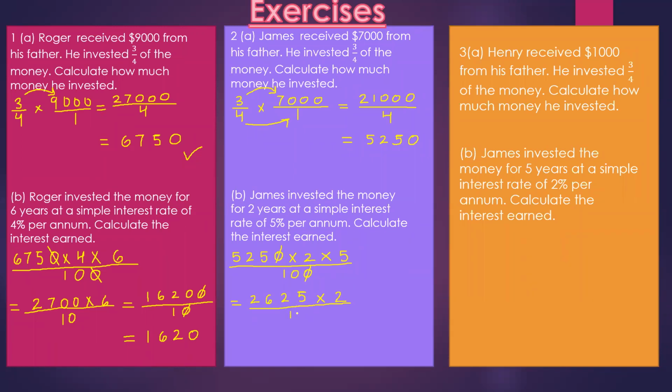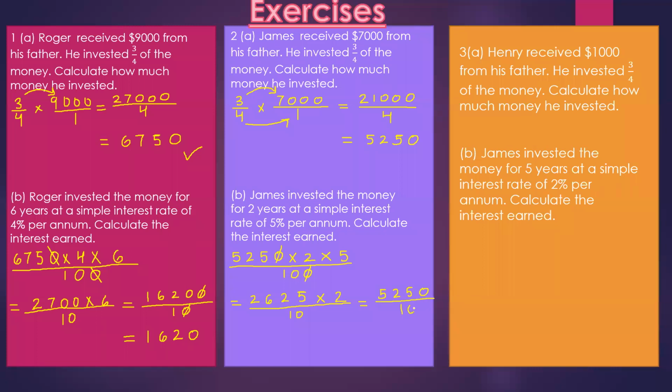By 10. Okay, when we multiply the 2, we get 5,250. 5,250 divided by 10.